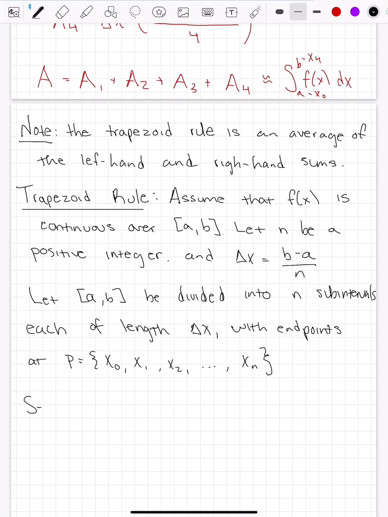And then T_n, so we use the notation capital T subscript n for the trapezoid rule with n trapezoids, is 1/2.